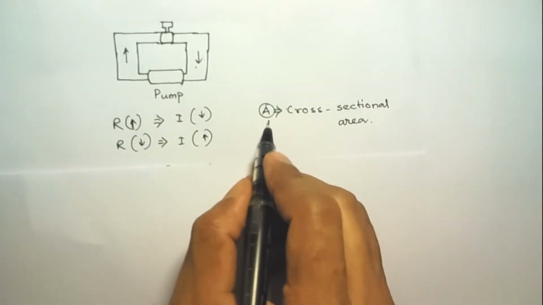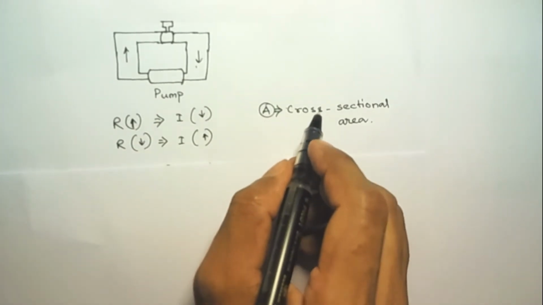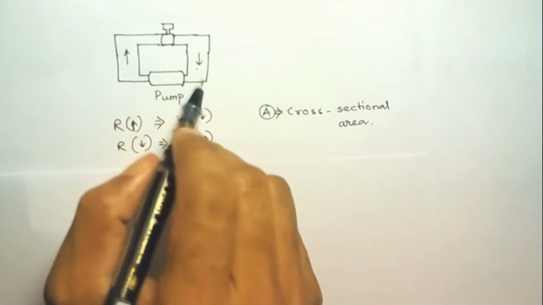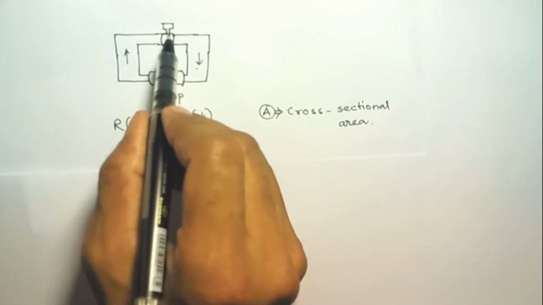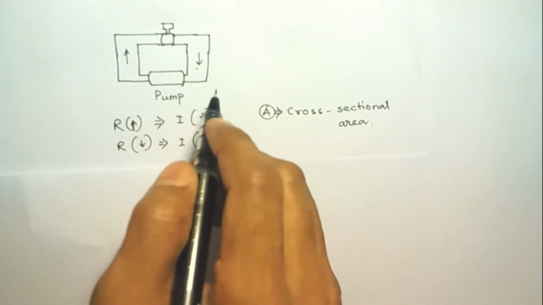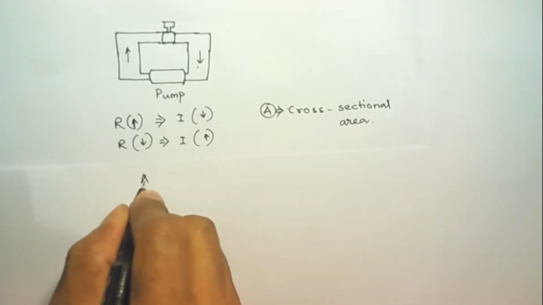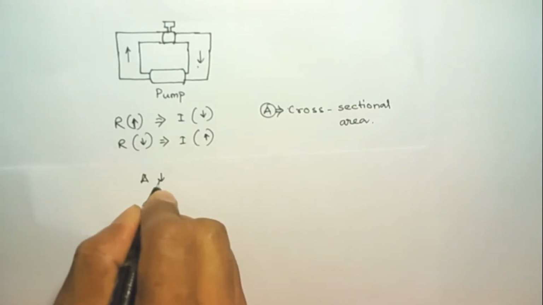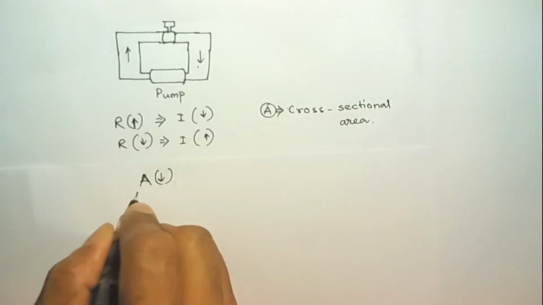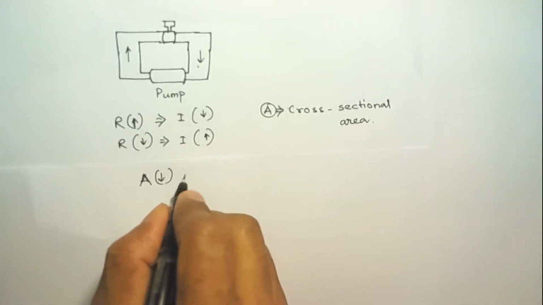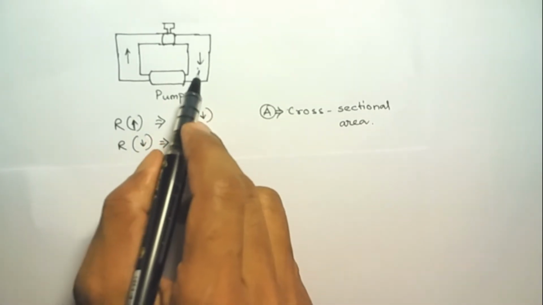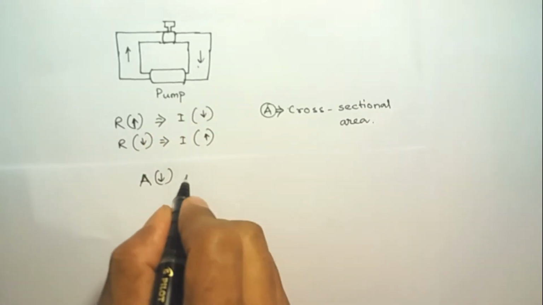Let us consider A is the cross-sectional area of this path. When we press this tap, that means area decreases. So then the flow of water also decreases.